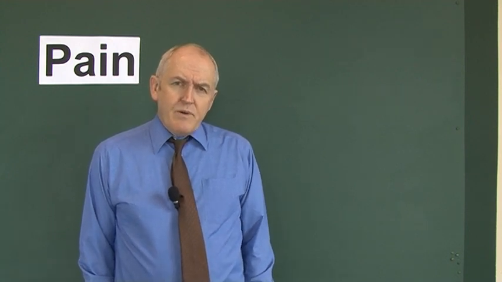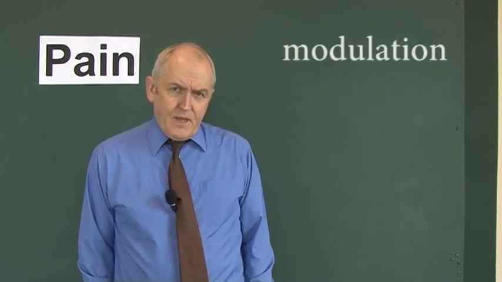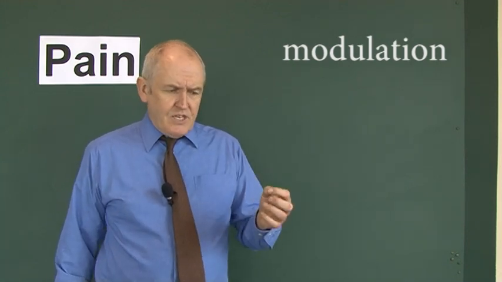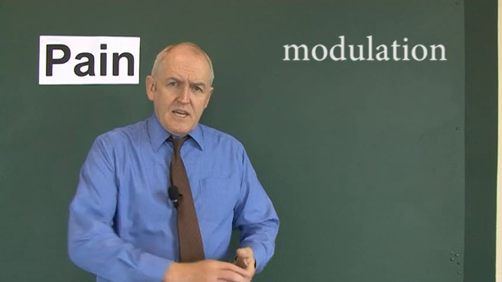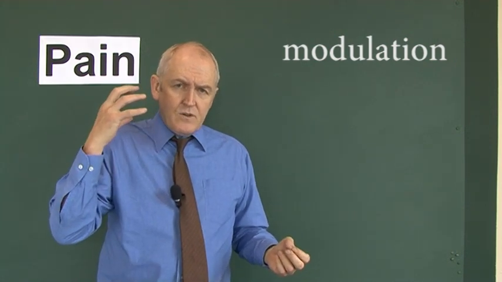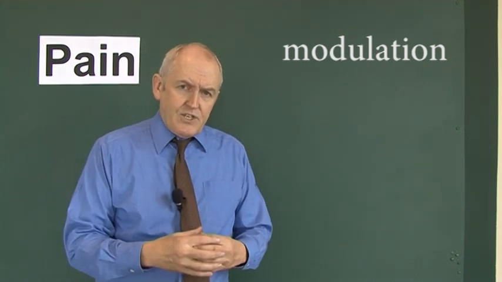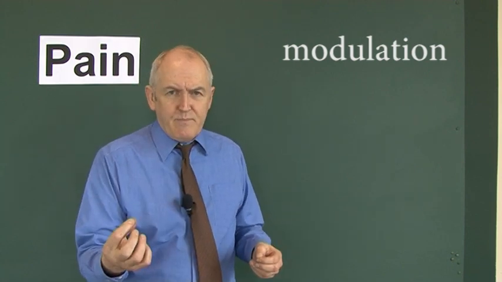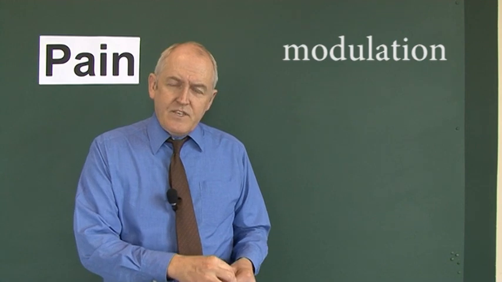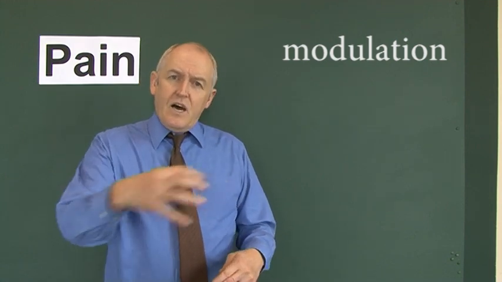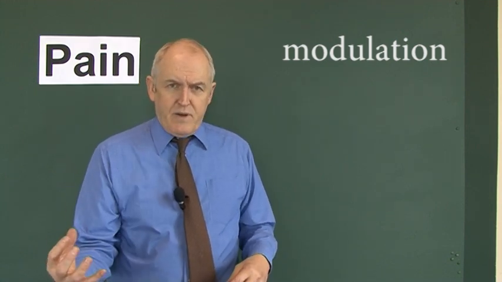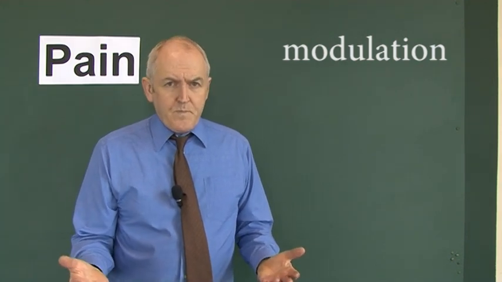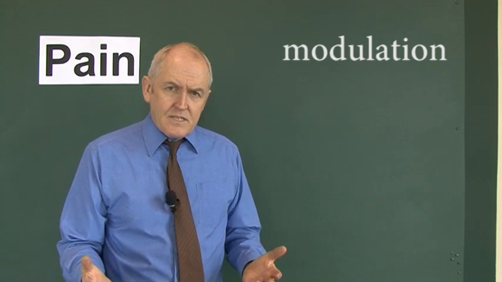Now, pain can also be modulated, modulation of pain. The amount of tissue damage that someone experiences and the amount of pain that they feel does not have a linear relationship. It's not that a little bit of tissue damage causes a little bit of pain, a greater amount of tissue damage causes more pain, a lot of tissue damage causes a lot of pain. It's not a simple linear relationship. It's affected by many things.